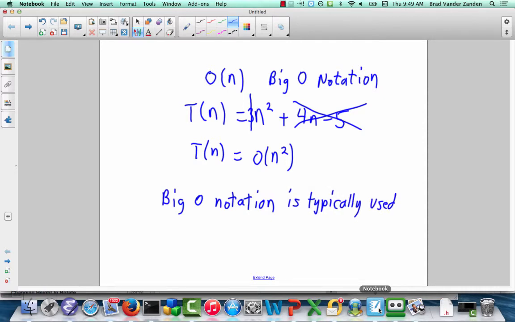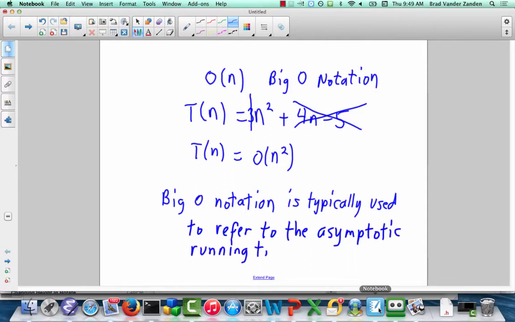used to refer to the asymptotic running time of an algorithm as n approaches infinity.